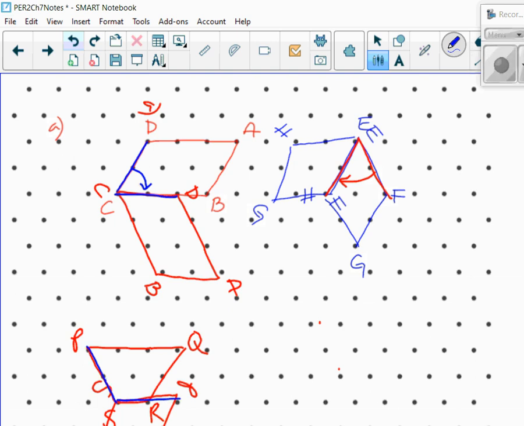So it's a clockwise 120, because if I went to this dot right here, that would have been 60. So going from here all the way here is 120.